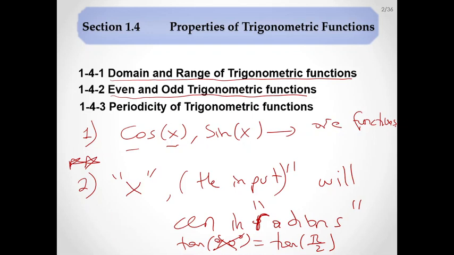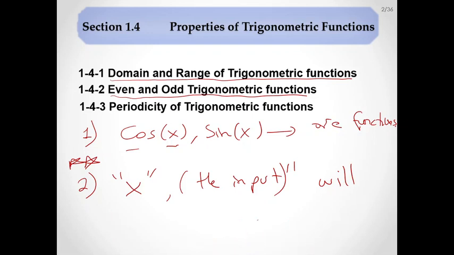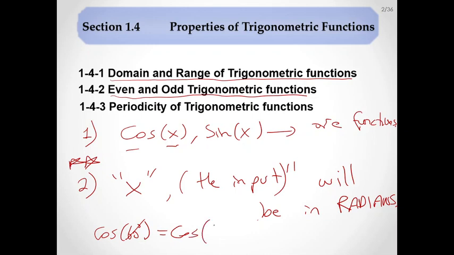So then we will talk about everything in terms of radians. We will not say cosine 60 degrees anymore. We will just say cosine pi over 3. So this is very important.